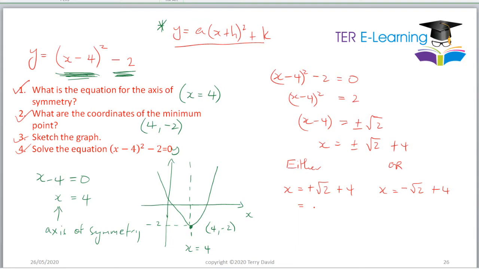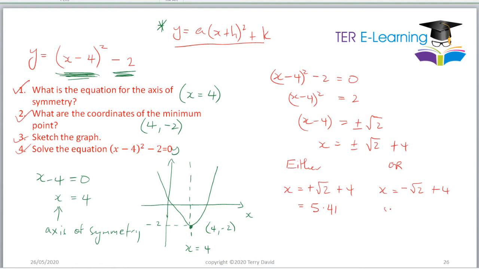So you're going to use your calculator in this scenario. The square root of 2 is 1.41, plus 4. In this case, I'm getting 5.41. So this is one solution.